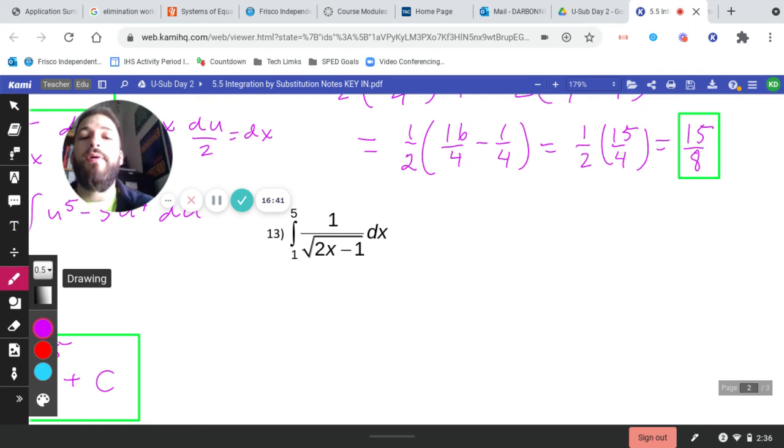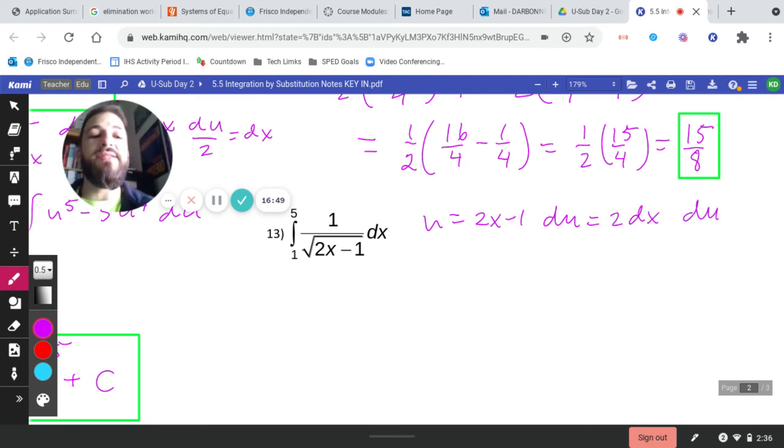So u is equal to 2x minus 1, which means du is equal to 2 dx, which means du divided by 2 is equal to dx. Okay, good so far? So then from here, I need to do my change of base because it's the u sub of a definite integral of that fundamental theorem. So u is equal to 2 times 1 minus 1.